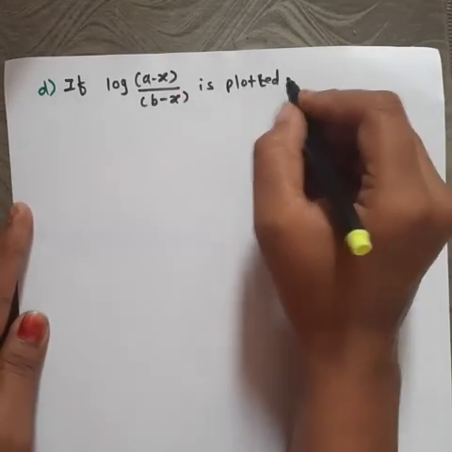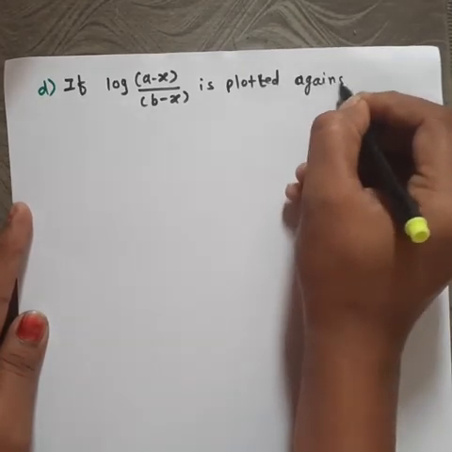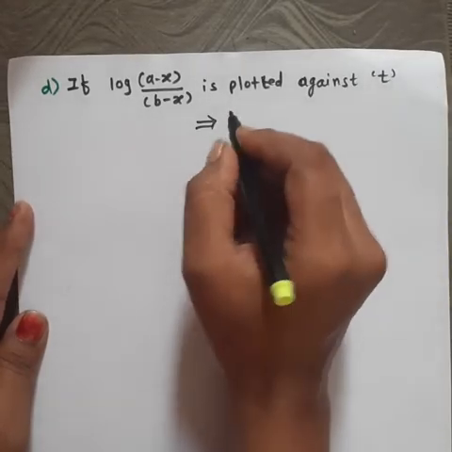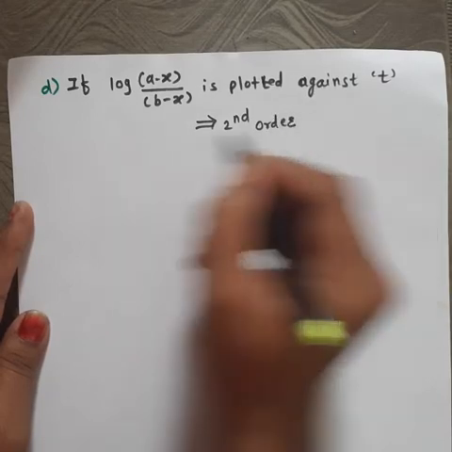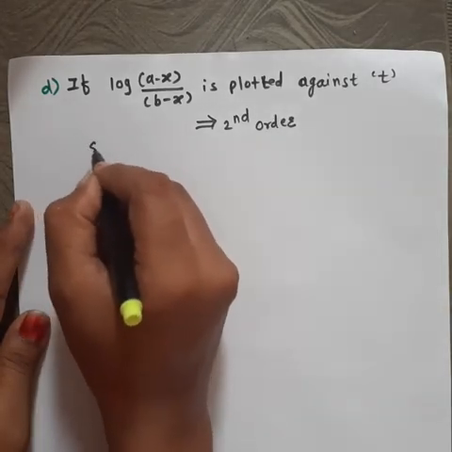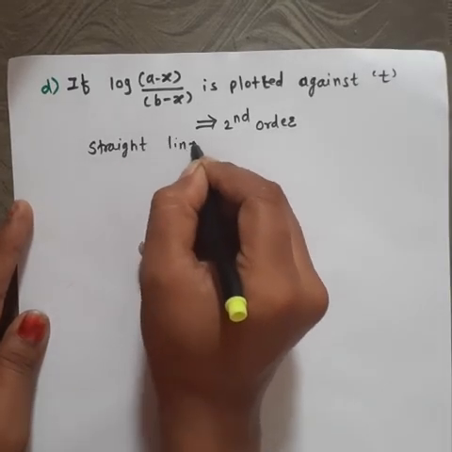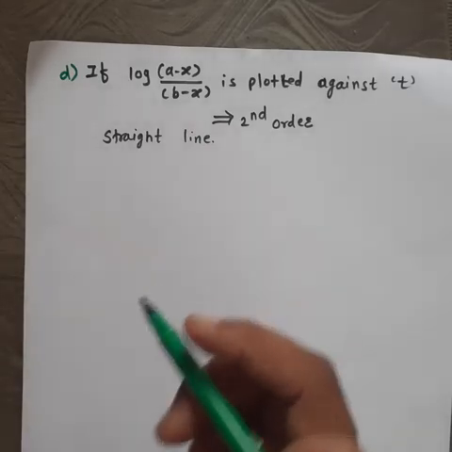Log of (a minus x) upon (b minus x) is plotted against time t, and we got a straight line. So we can say that this is a second order reaction.